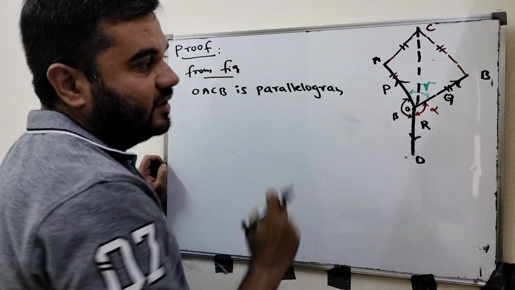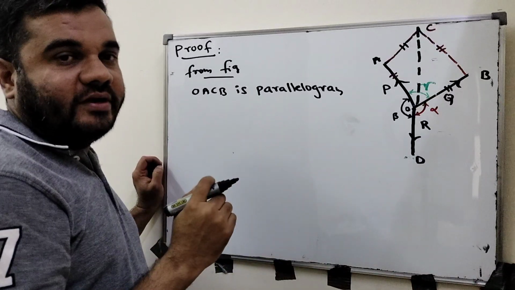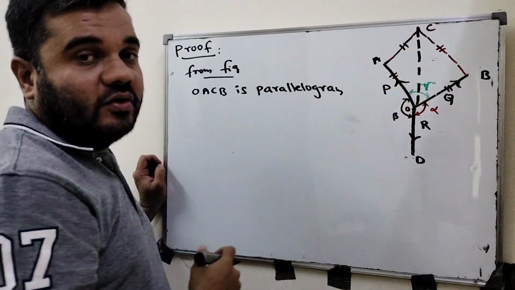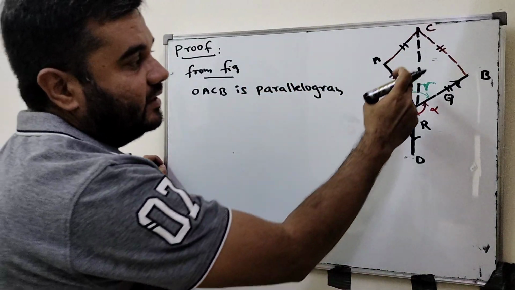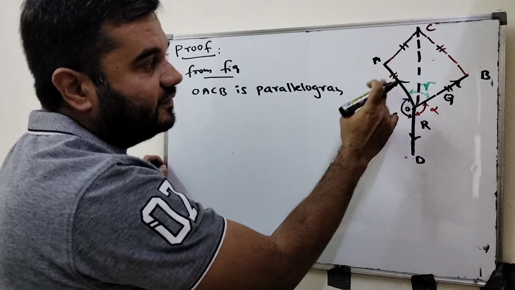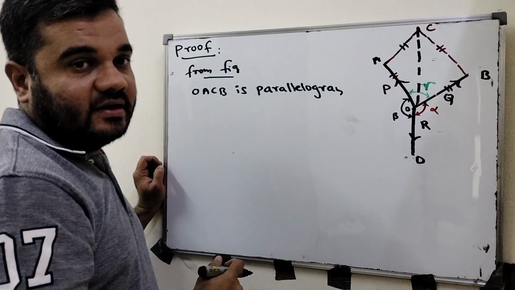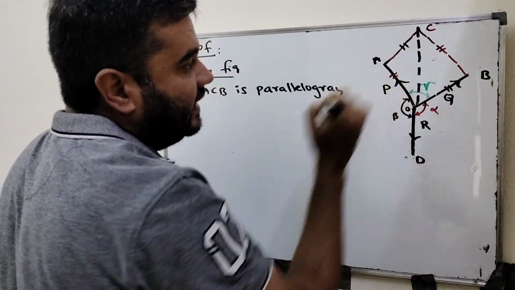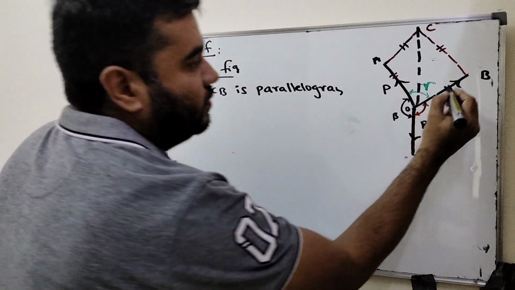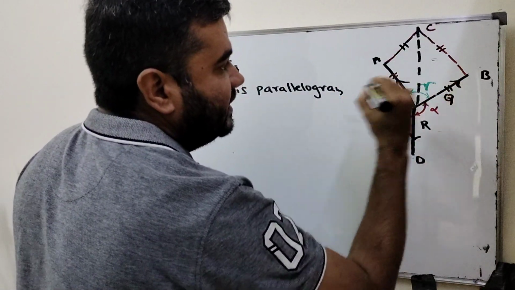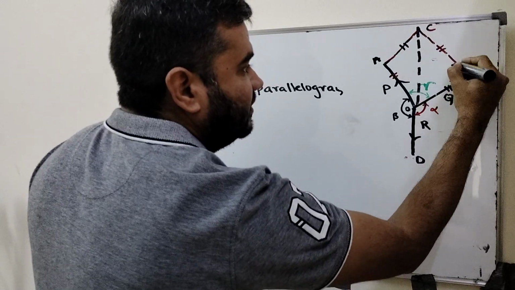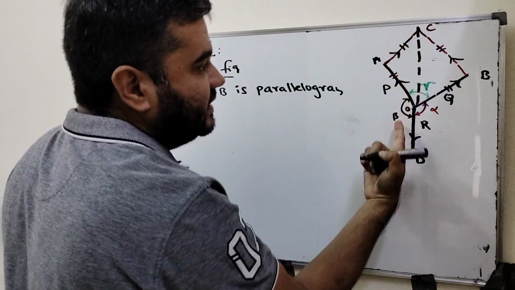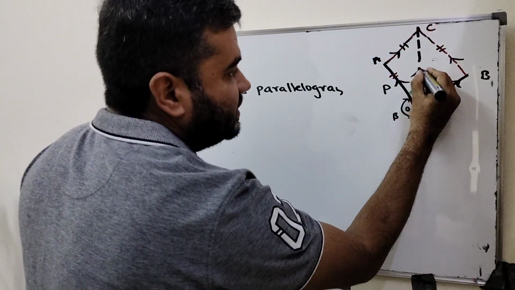If two forces acting at a point are represented by the two adjacent sides of a parallelogram, then the resultant is the diagonal. Which one is the diagonal of these two forces, P and Q? OC is the diagonal. Suppose P is in this direction and Q is in this direction; similarly, in the parallelogram, it is in this direction and this direction. So the resultant acts along OC. OC is also in this direction.